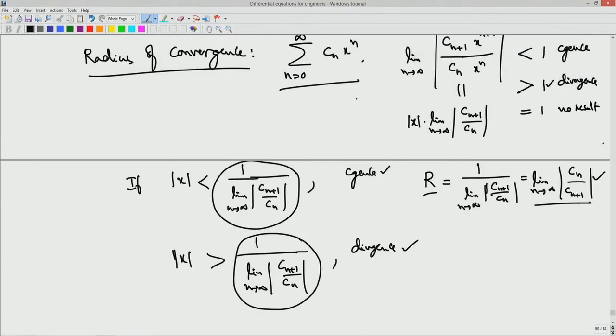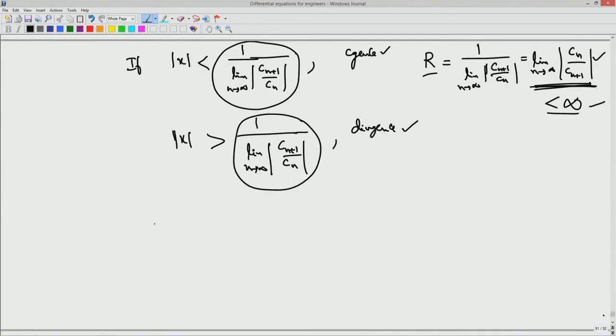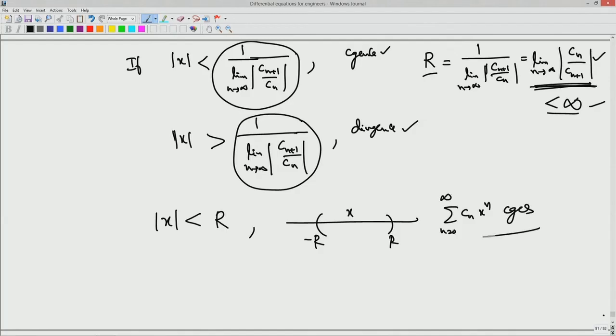If this limit is a finite number r, then for mod x less than r, that is, x between minus r and r, the series the sum of Cn x^n from 0 to infinity converges.